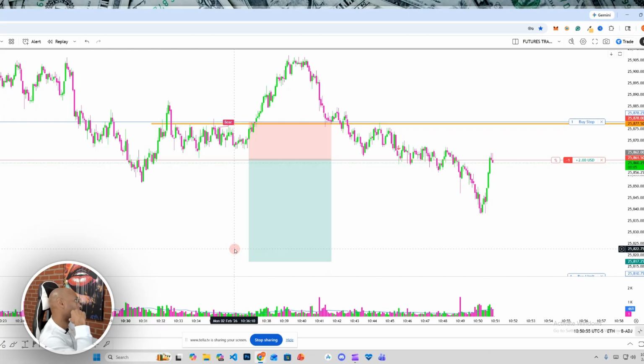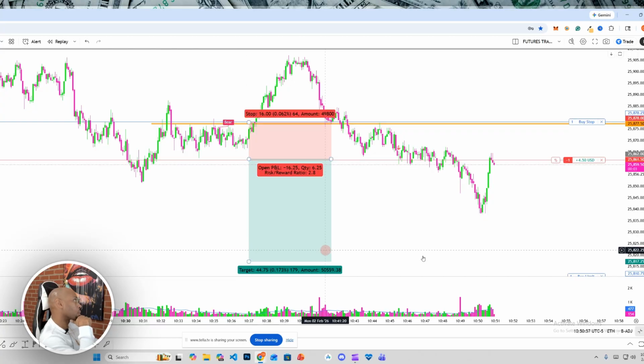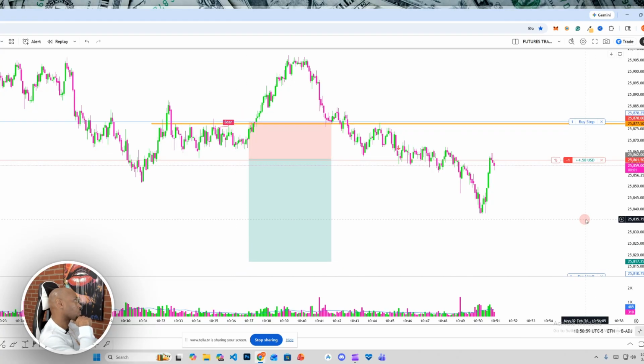But hey, price gonna do what it wants to do, man. And then just getting better with the understanding price action and market structure. I guess it's probably trying to push back up. But interesting, man.